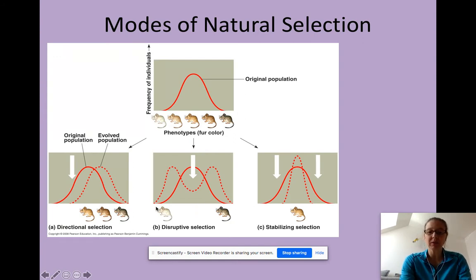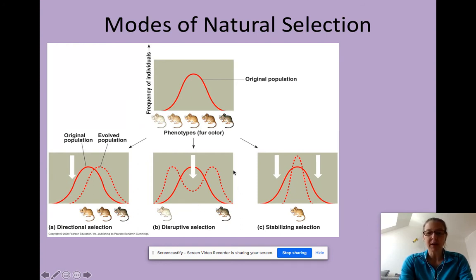But we also saw an example of disruptive selection when we were looking at the rock pocket mouse. There was a habitat with lighter rocks and dark black rocks. If you have an original population with a gradual range of phenotypes, but the habitat is one or the other, that can cause selection for two extremes.